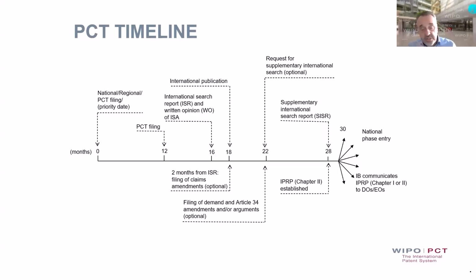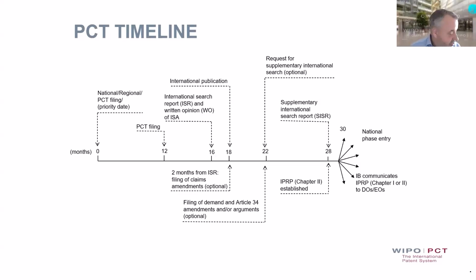The search report will also cite all relevant prior art that they find and will categorize the prior art in which sense it is relevant. So for instance, is it a document that destroys novelty? That would be indicated in the search report, and it also will indicate for which claims such a document is relevant.